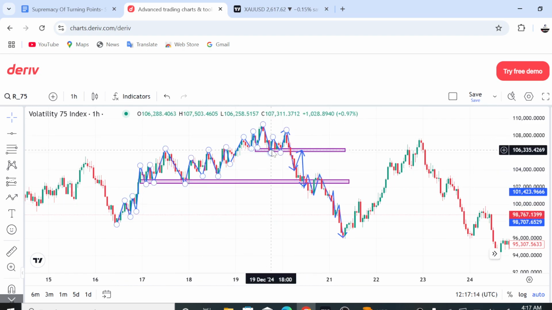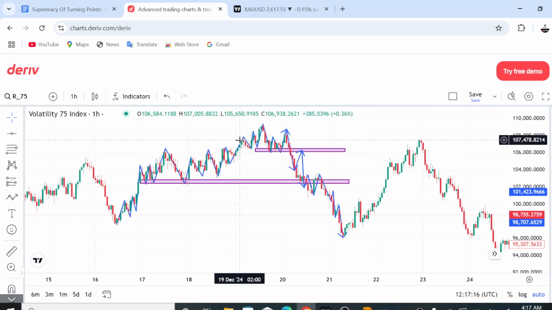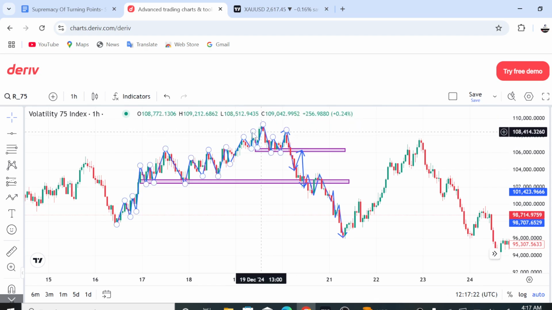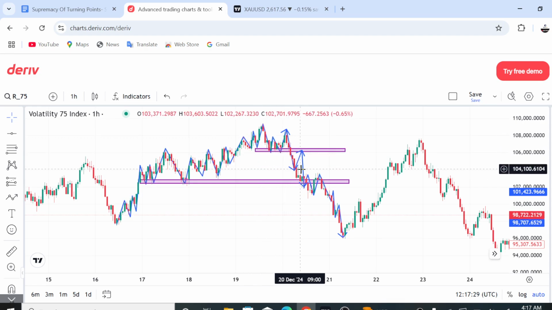So if a market has a change of character at first instance, after getting to a certain critical level, and then starts changing characteristics, that doesn't mean it is changing trend. So the more the market moves in a given direction, the more the market actually breaks levels in a given direction, the better the trade you make in that direction is going to work.